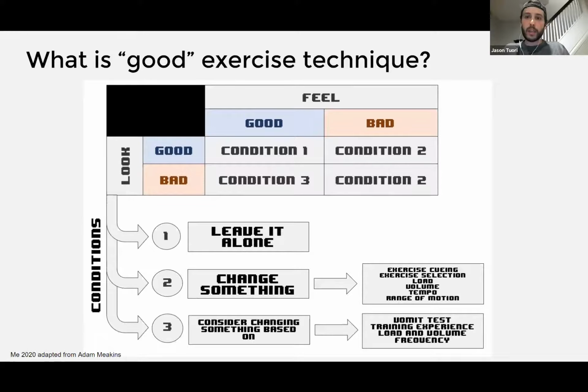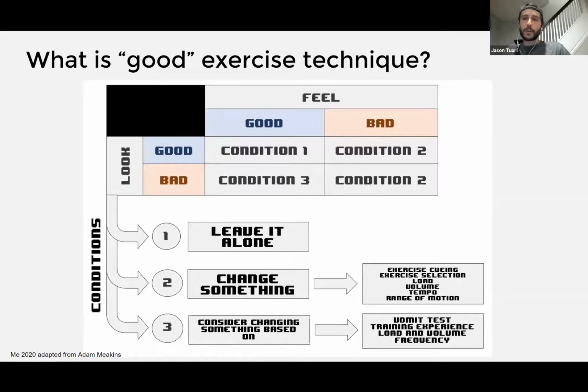It might mean that we cue somebody differently, or we're changing something like the weight or the number of repetitions or how fast we're doing it. So there are a lot of modifications you can make if an exercise doesn't feel right initially. And then if it just doesn't continue to feel right, you scrap it and move on to the next one because there's too many exercises to get hung up on one that you really want to try to bash your head through the wall for.